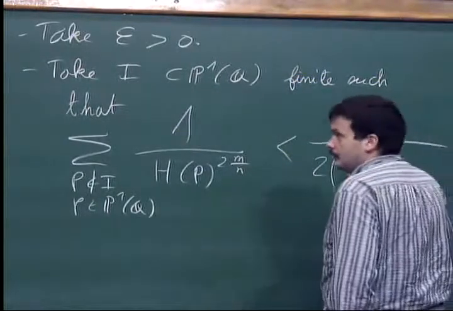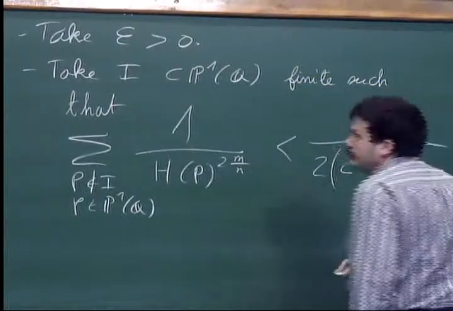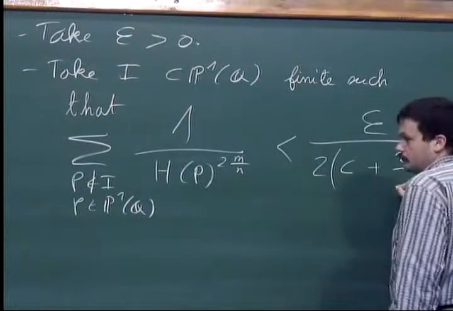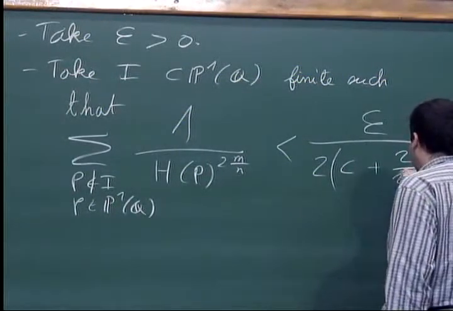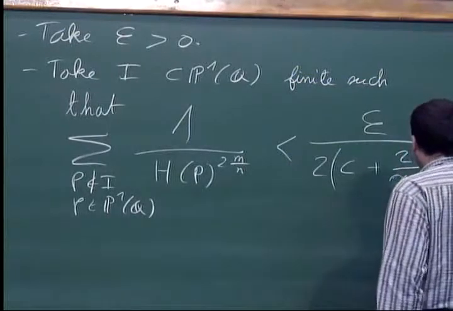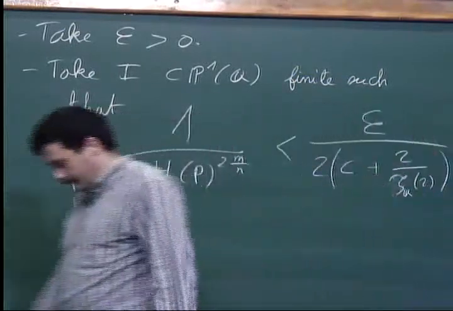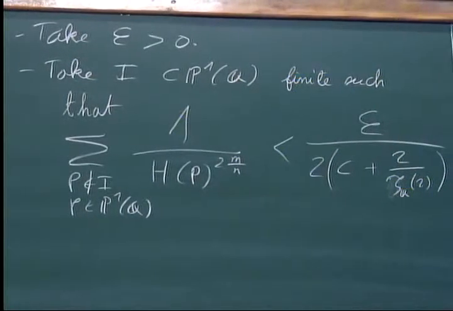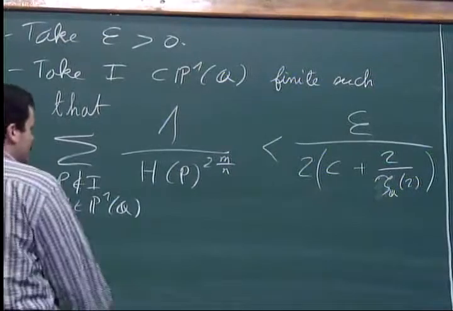Something like C plus 2 over zeta Q of 2. So I may assume that since the sum is convergent.